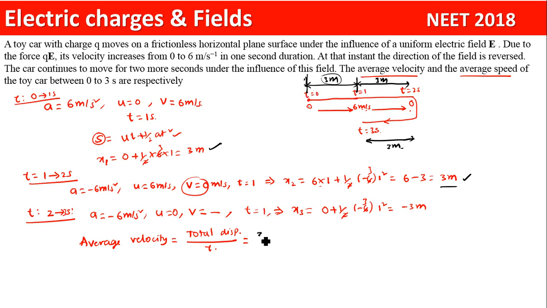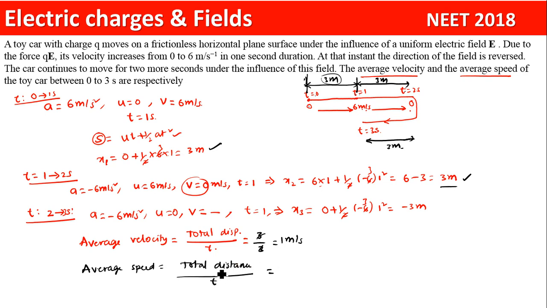That is 3. Total time taken for that is 0 to 1 second, 2 seconds and 3 seconds, isn't it? Even though it has come back to this location, the time it has taken is 1 plus 1 plus 1, 3 seconds. So 3 by 3 is 1 meter per second, the average velocity. Very good. Next, average speed is nothing but total distance divided by total time taken.